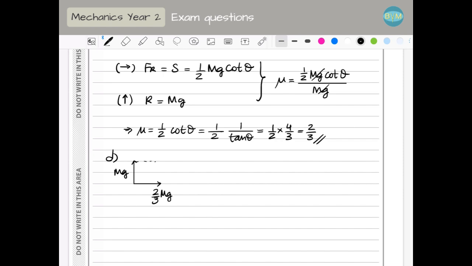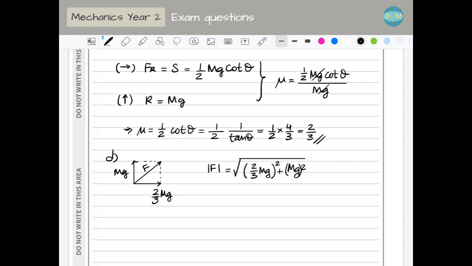And I have a resultant force. I'm going to use Pythagoras. I need the magnitude of this force F. So the magnitude of F is the square root of (2/3 mg) squared plus (mg) squared.